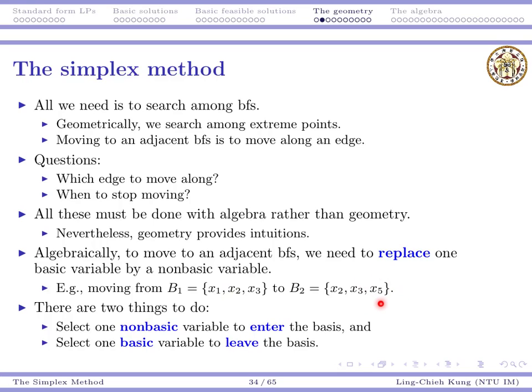Then I move to an adjacent basic feasible solution. So that means I need to do two things. I need to select one non-basic variable to enter the basis, for example this x5, and I need to select one basic variable to leave the basis, for example this x1. Let me give you some ideas about what these two things mean on graphs.